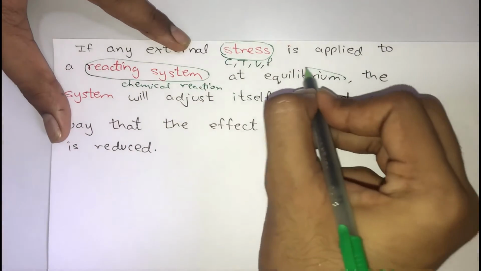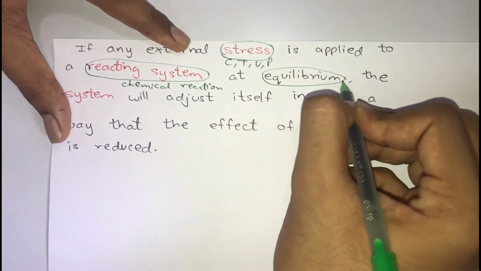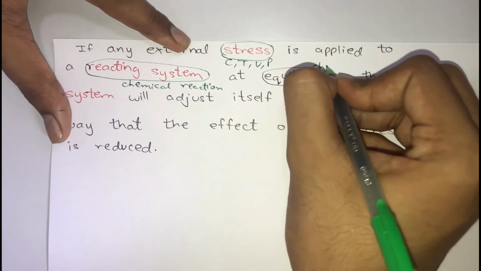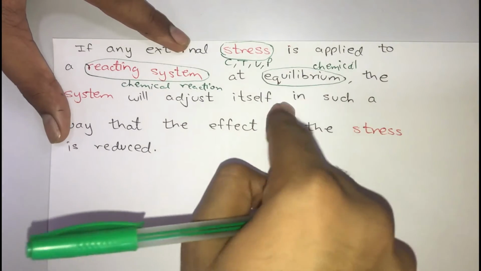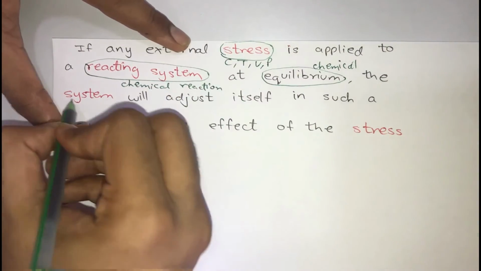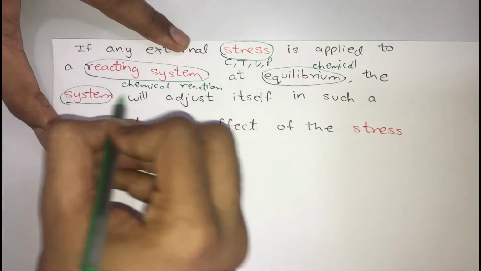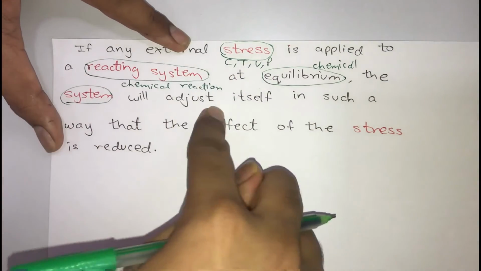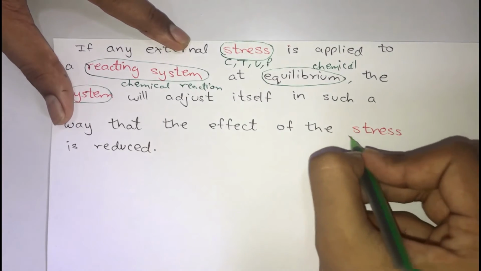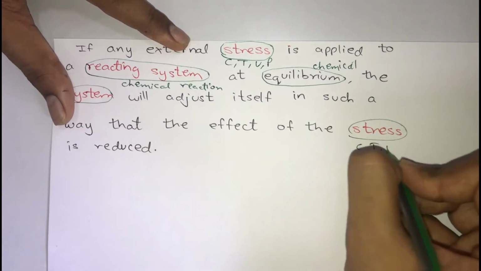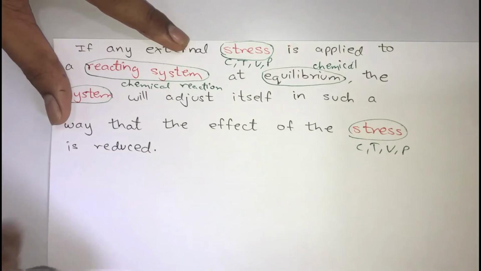And which equilibrium we are having over here? We are having a chemical equilibrium. The system means what? Again, the chemical reaction will adjust itself in such a way that the effect of the concentration, temperature, volume and pressure is reduced.